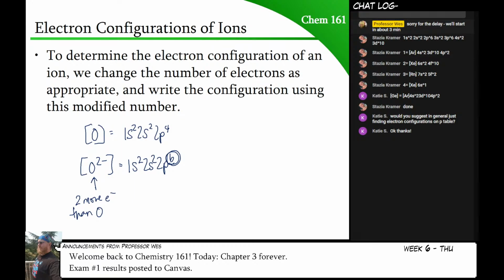But anyway, if you add extra electrons, you just attach them to the end of your electron configuration. That's easy. We can do that. We can do anions, no problem.